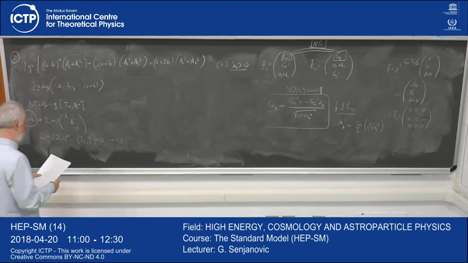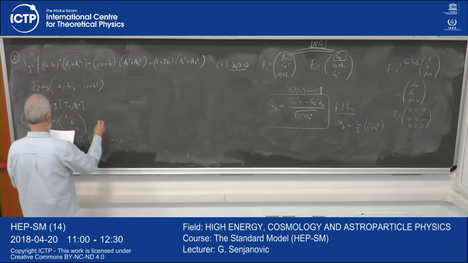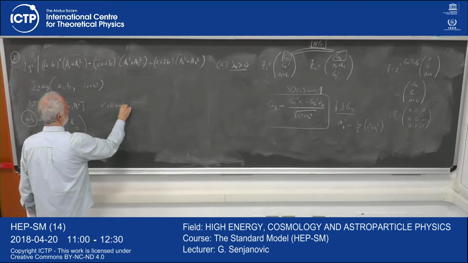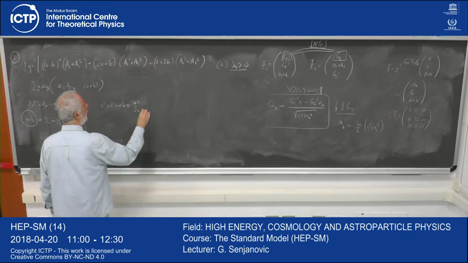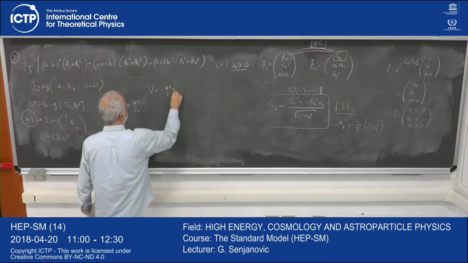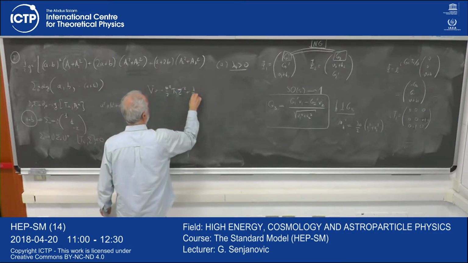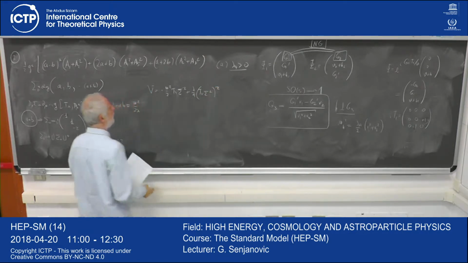So when A is B, we had a relation that A squared plus B squared plus AB, we get immediately, was M squared over 2 lambda, right? Where the potential was minus M squared over 2 trace sigma squared plus lambda over 4 trace sigma squared, squared. It was a very simple potential.